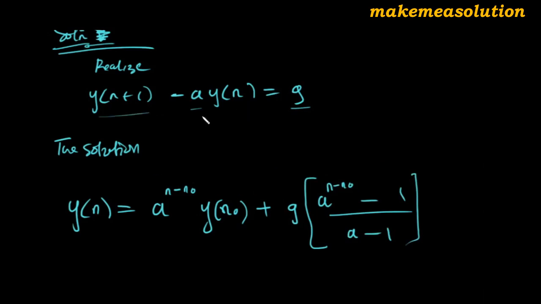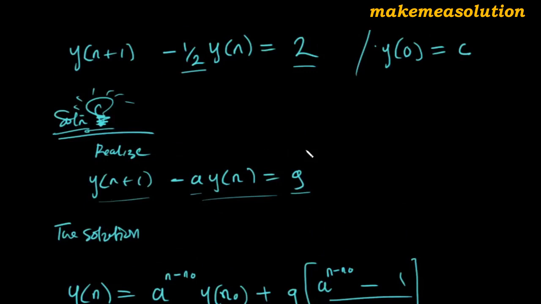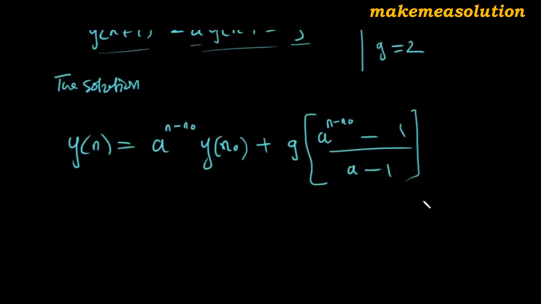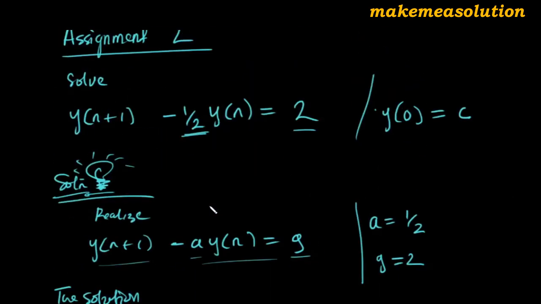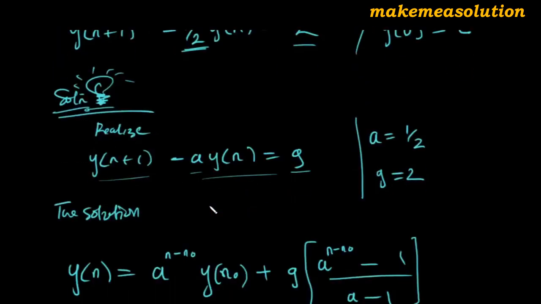So when you are given a difference equation of this form, all you just need to do is to compare this difference equation with the one that they have given to you. So we can easily see that a is equal to 1 over 2, and our g is equal to 2. So all you just need to do is to plug it into this formula. Now, another thing that I didn't point out, which is necessary, is how do I know what my n naught is?